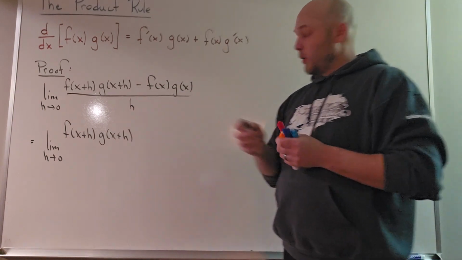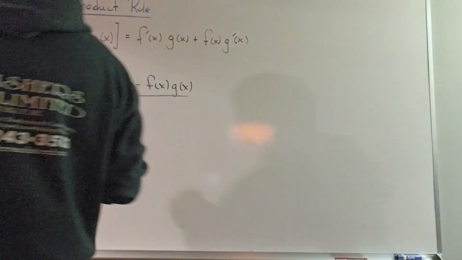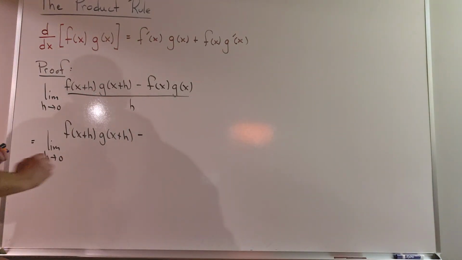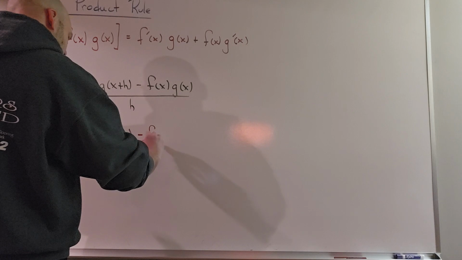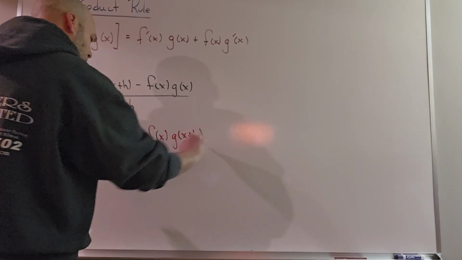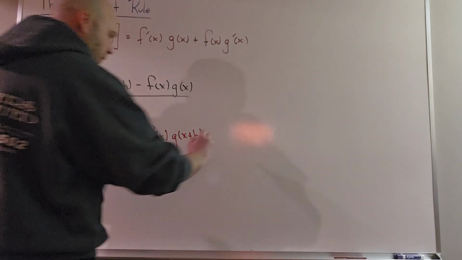Okay. Here's what I'm going to add and subtract. I'll do this in a different color. I'm going to subtract, let's see, f of x, g of x plus h. I'm going to add the same thing.